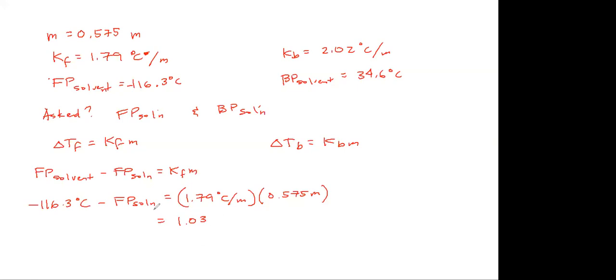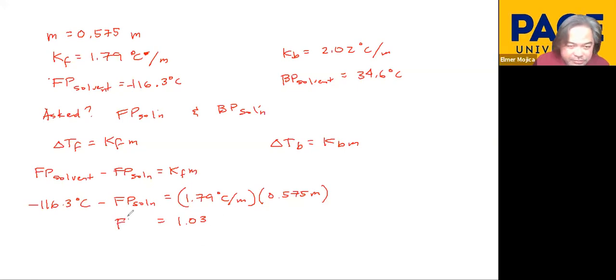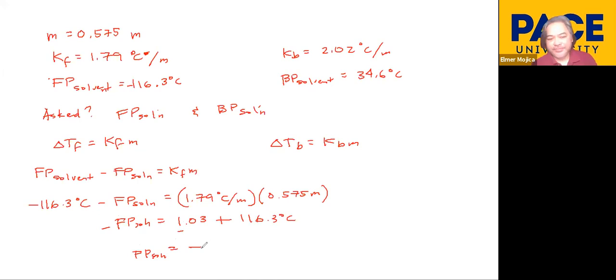So that means we're going to leave this on one side. This will be a negative. So when you move it here, it will be plus 116.3. So how do you remove the negative on this sign? You're going to make this into a negative sign. So you end up with negative 117.3. Did you get that?